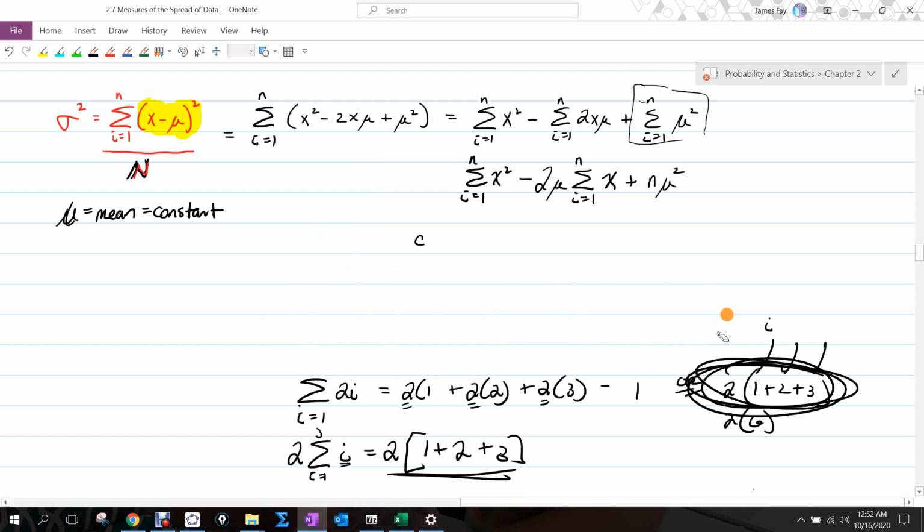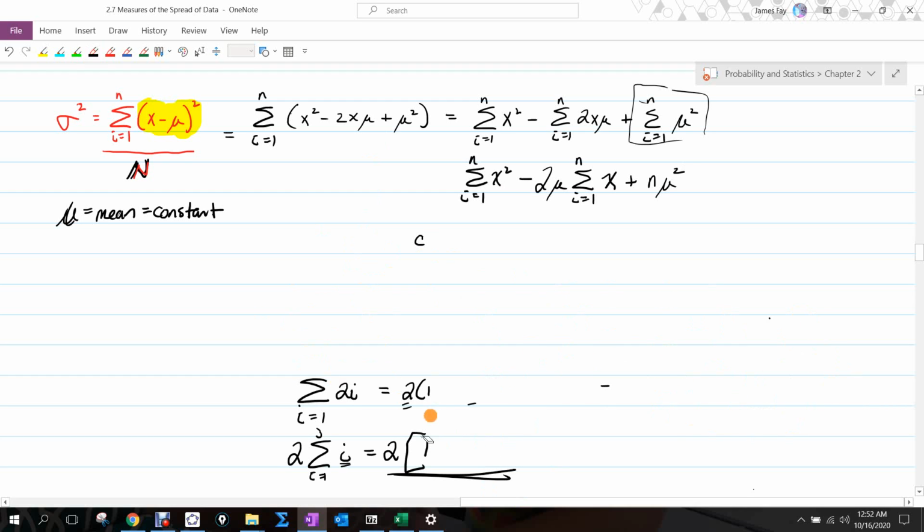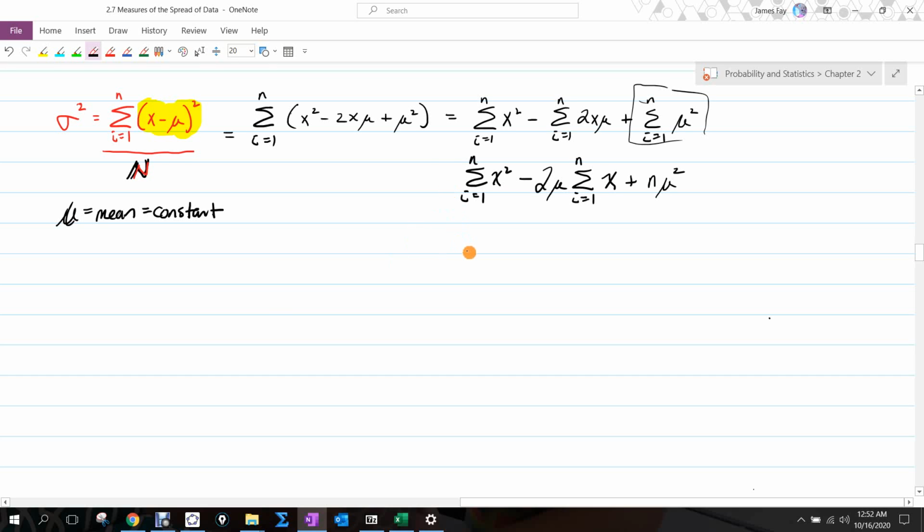Now we're going to have the sum from i equals 1 to n of x squared. Now I'm going to look at this thing here, and I see that right there.